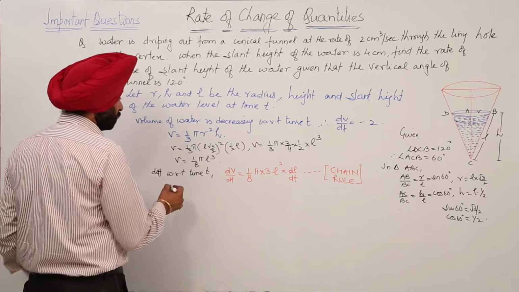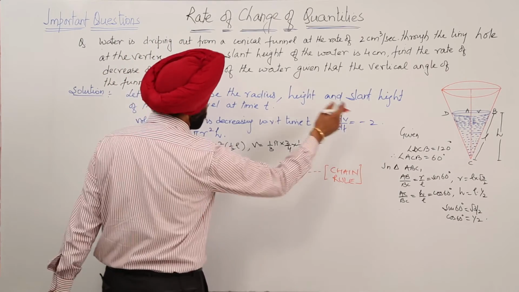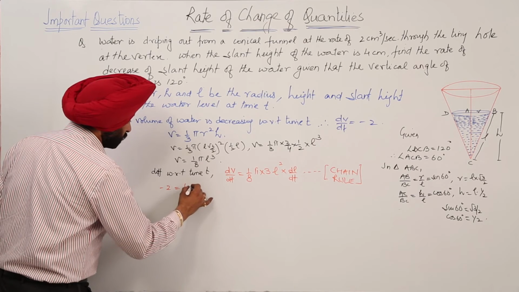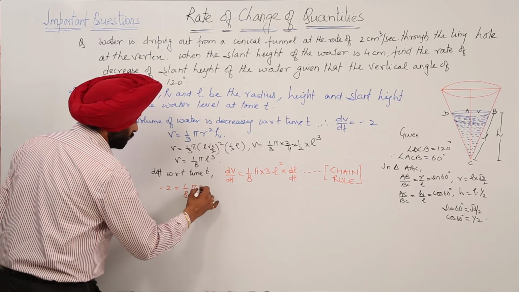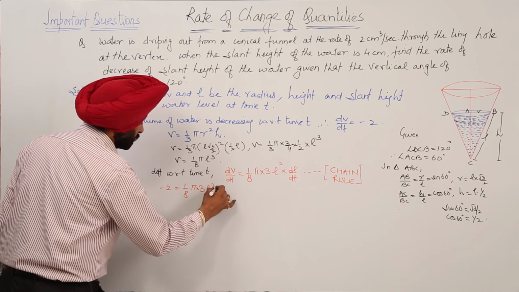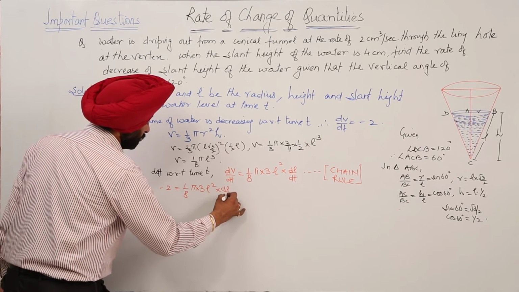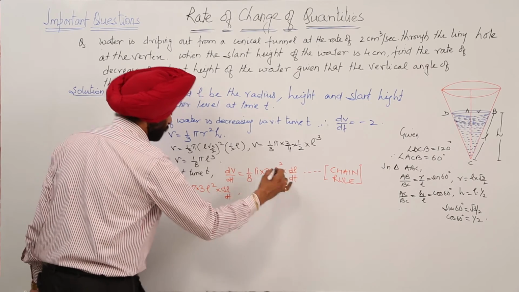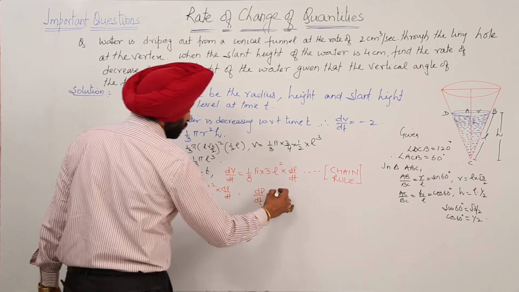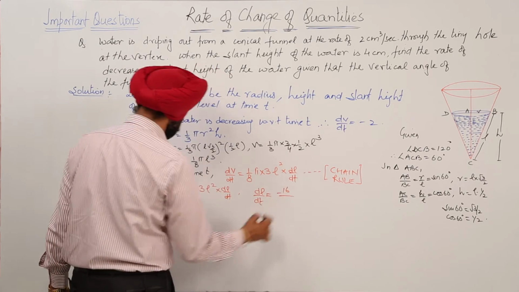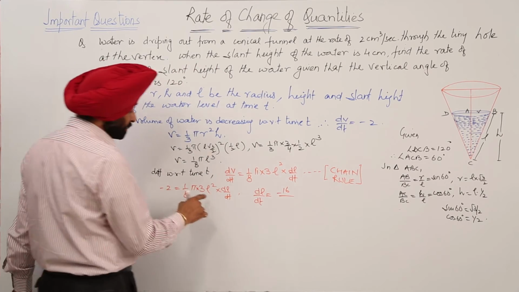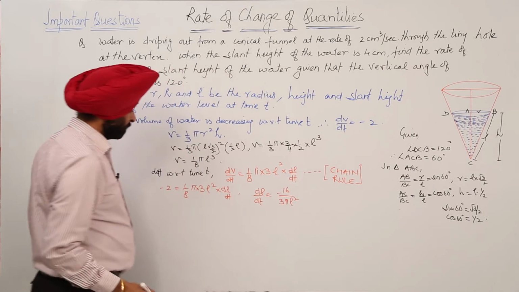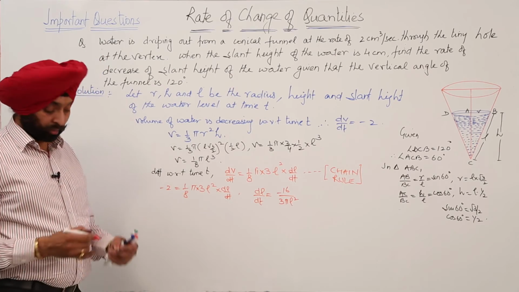Now dV by dt is negative of 2. So negative of 2 is equal to 1 upon 8 pi 3 times L square with dl by dt. Now dl by dt is equal to minus 16, 8 goes upside, minus 16 upon 3 pi L square. This is what? dl by dt.